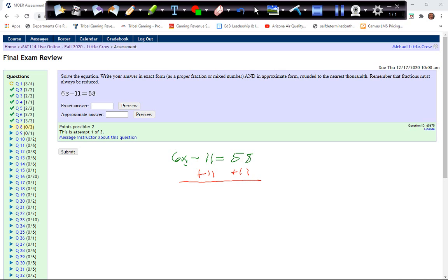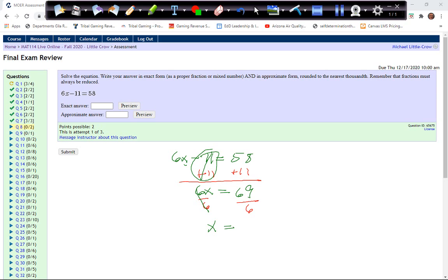That gives us 6x here. These cancel, becoming 0. And this becomes 69. Now we're going to divide both sides by 6. And then we're going to get the x, because 6 divided by 6 is 1. 69 divided by 6 is going to be, let's see how we're supposed to leave our answer.